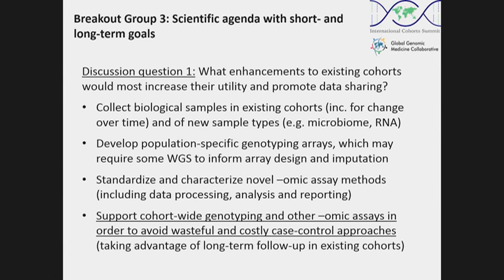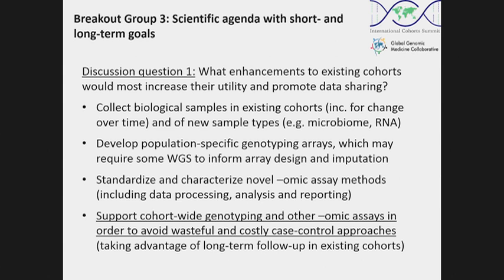So I've underlined what I think we consider to be the priority, but really starting from the first point, the idea of collecting biological samples in existing cohorts. There may be some very large cohorts where there aren't biological samples at all, where there might be specific value in collecting samples in them.